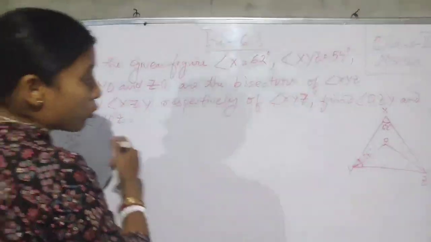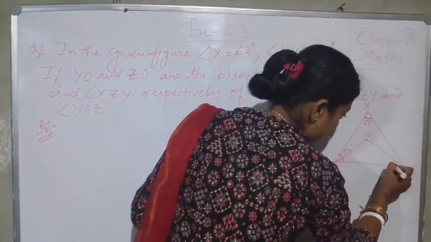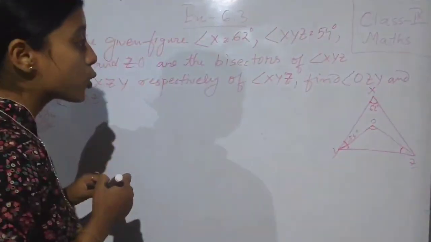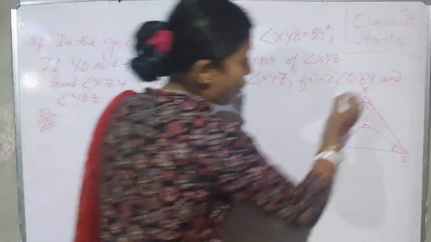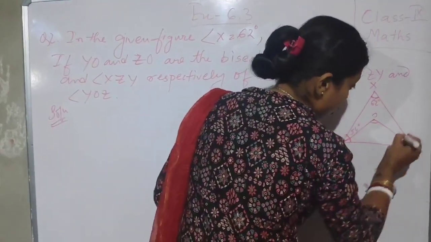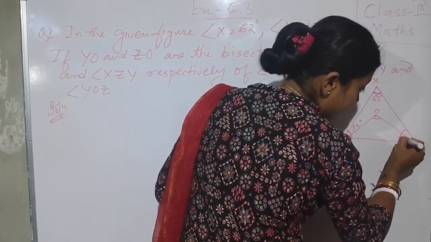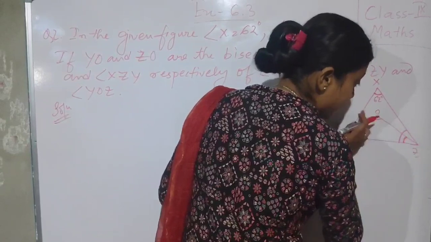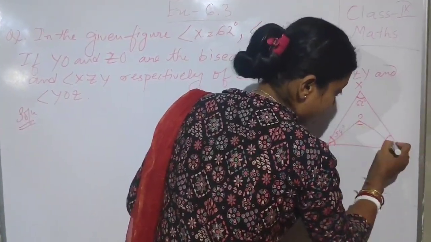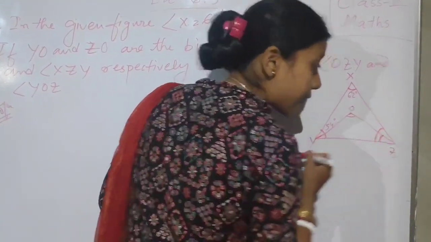What we have to do is find this angle OZY and this angle. First of all, from this triangle, this angle is given and this angle is given. If we find this angle, then we can find this angle also, since it is a bisector dividing it into two parts. If we find this angle and divide it by 2, we will get this angle.